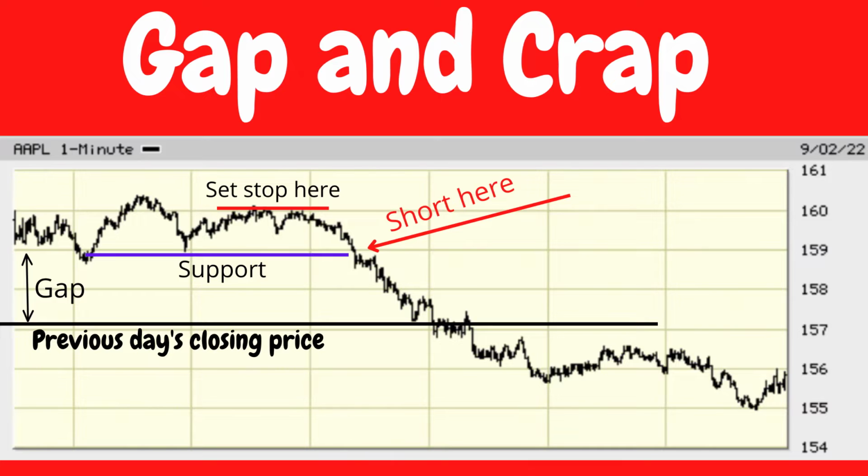All right, so let me give you an example of what a gap is. You can see here that this line down at the bottom represents the previous day's closing price. And then the stock opens up for the trading day at a higher price, and that creates what we call a gap. So again, what's happening when the stock gaps up or gaps down?